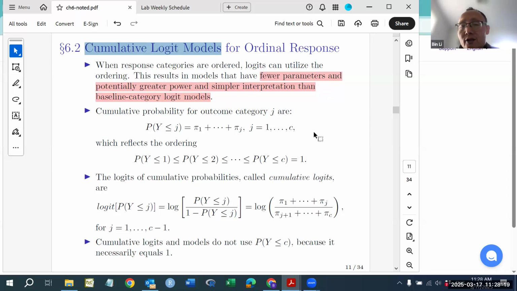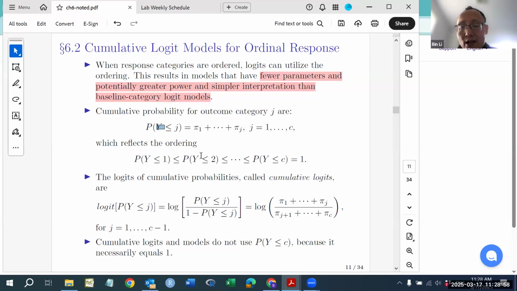Okay, so why is it called cumulative? Cumulative means that instead of setting a baseline group and comparing other groups with the baseline, we estimate the logit for Y being no greater than class level j. Here we model Y from 1 through C categories. And of course, there's an order, right?